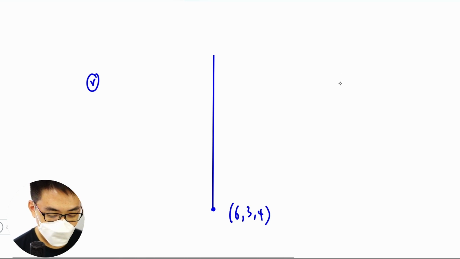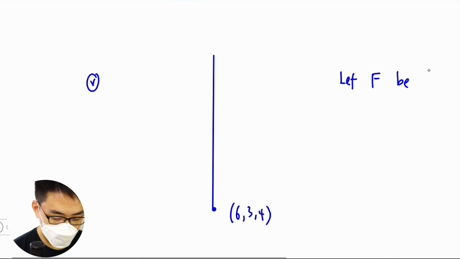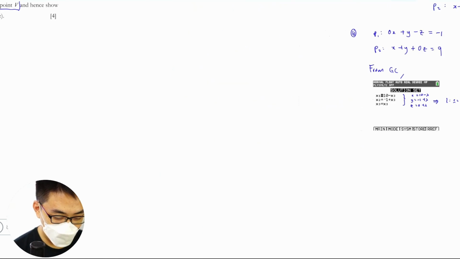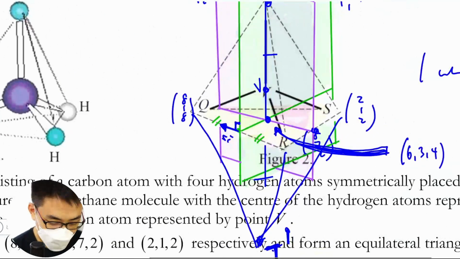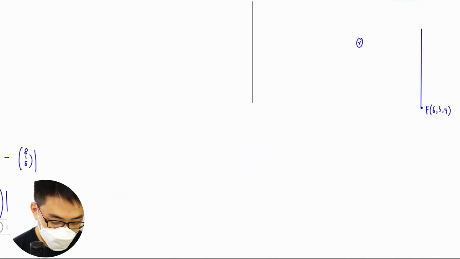Okay, so I'm going to let F be 634. So here, the floor lah. I put F because it stands for on the floor. So here, this is F. Then after that, I got a V in the middle here.